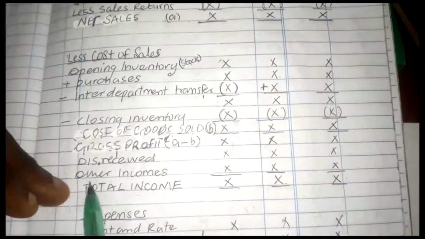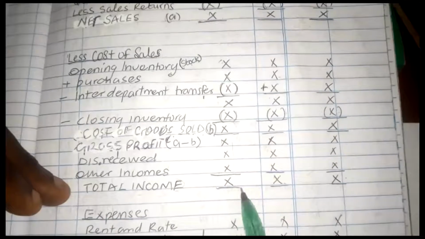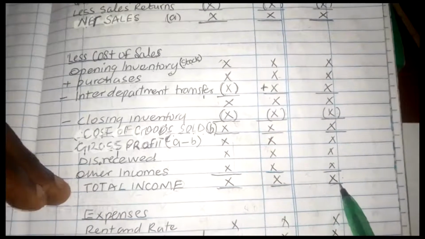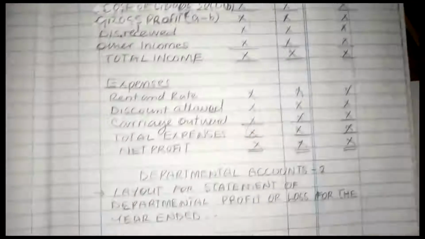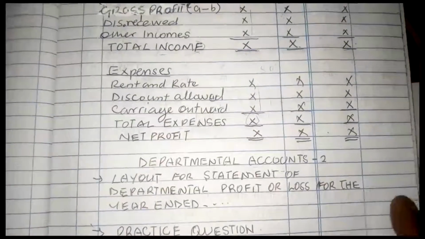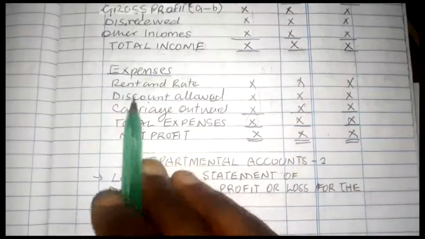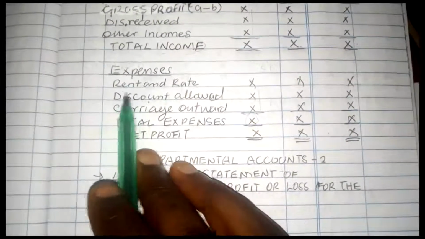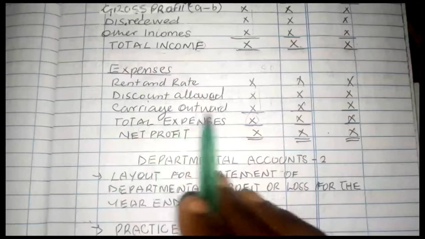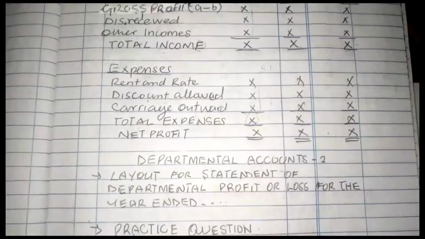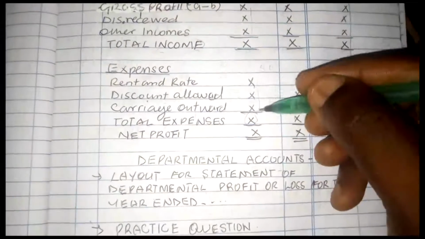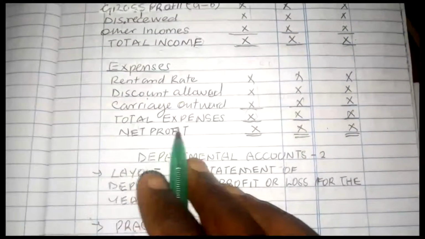If you observe, you write it with capital letters. You close up. Then come down with your expenses. Examples of expenses: we have rent and rates, discount allowed, carriage outwards, and so on. Then you add all the expenses together to give you the total expenses.